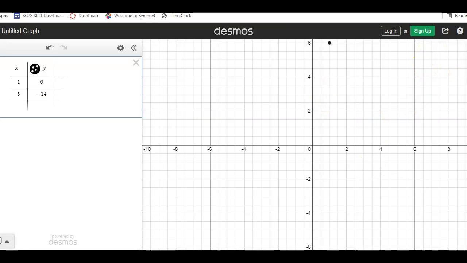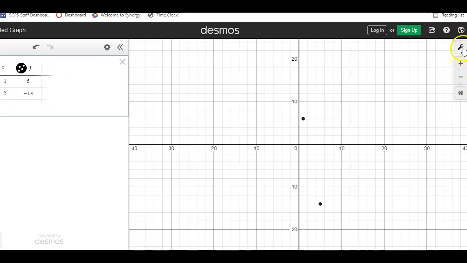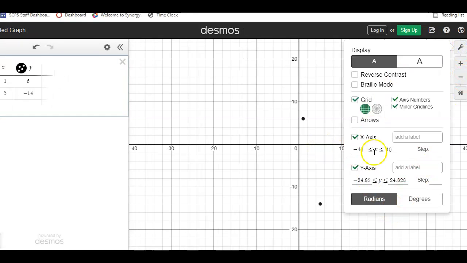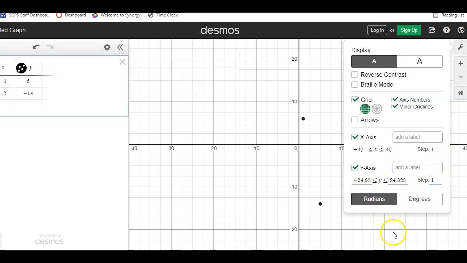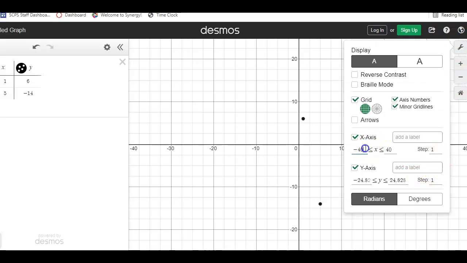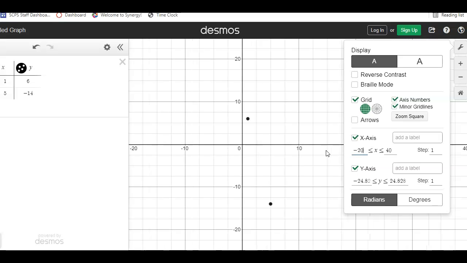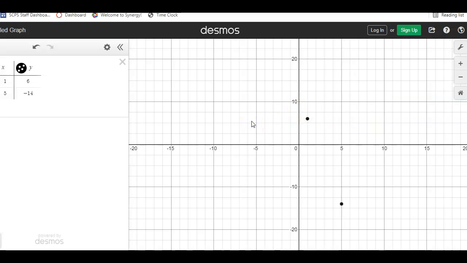We can zoom out. I have mine listed. If you come up to the little wrench, it has your axis. You can have a step of 1 so that it's easier for you to count. You can always change your scale so you can see more points.